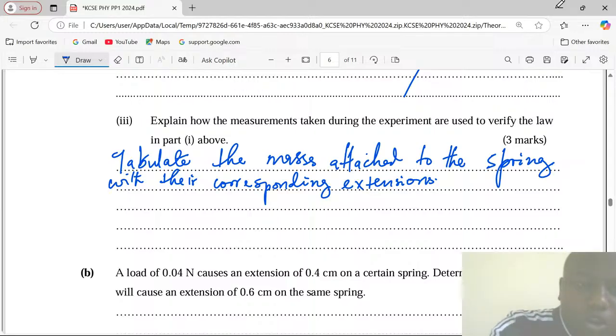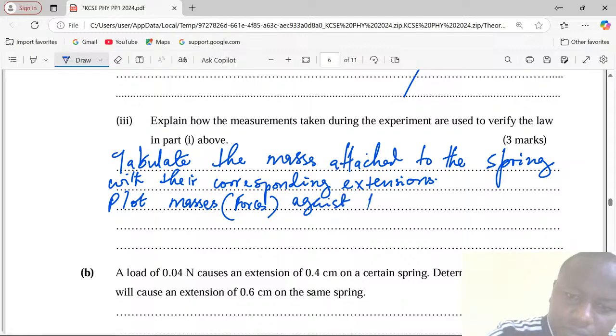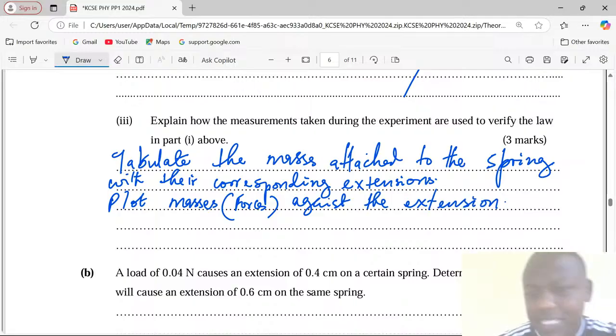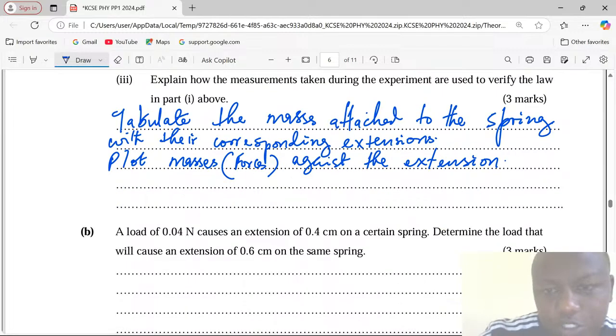Then plot masses. This time round, you can even convert them to force against their extensions. Then after that, now you are likely to get a straight line through the origin.